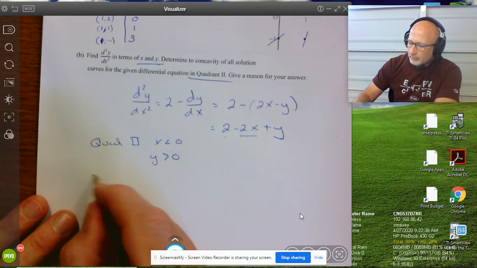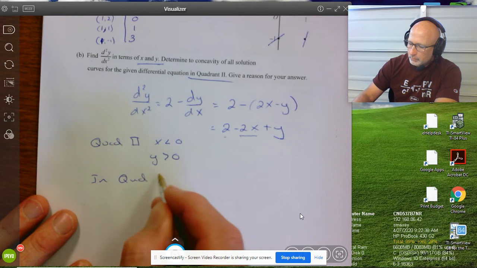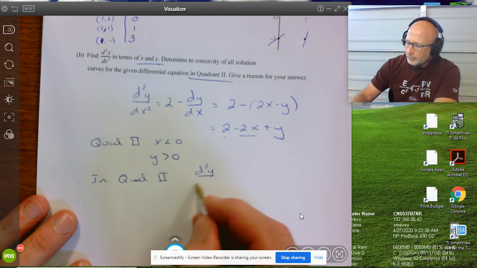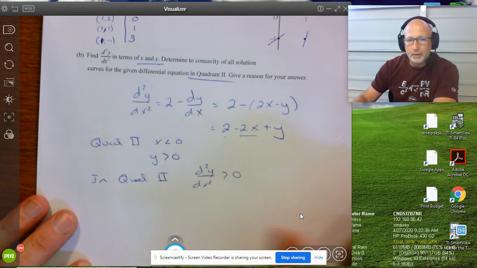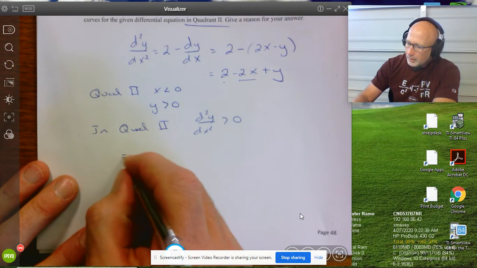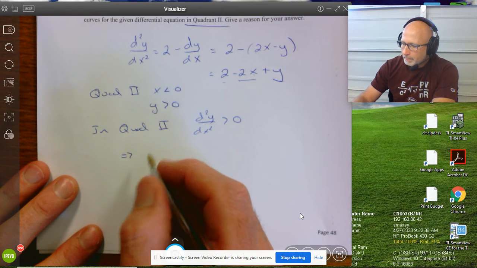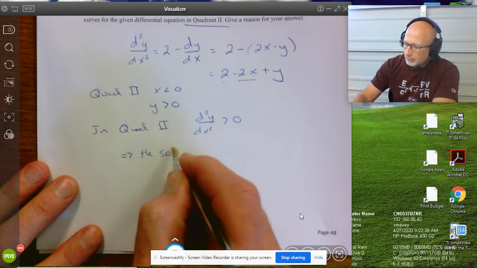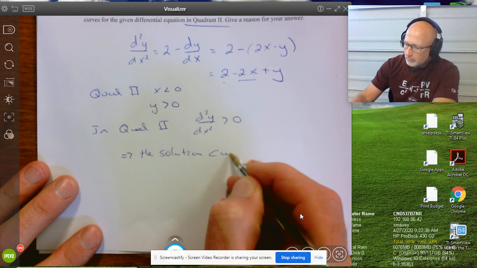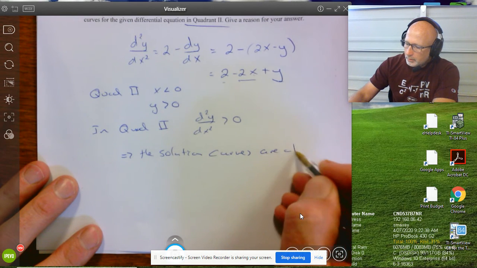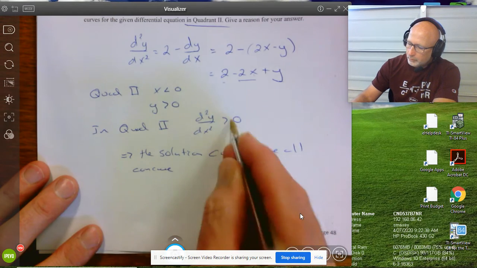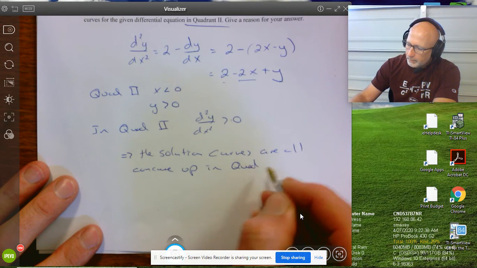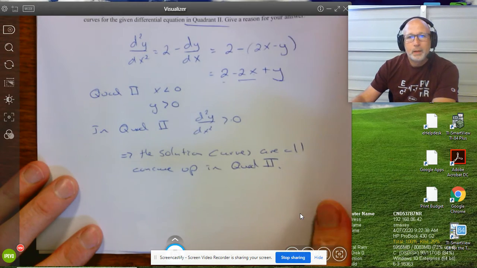So in quadrant 2, the second derivative of y with respect to x is always going to be bigger than 0, which implies that the solution curves are all concave up in quadrant 2. Okay, that's it.